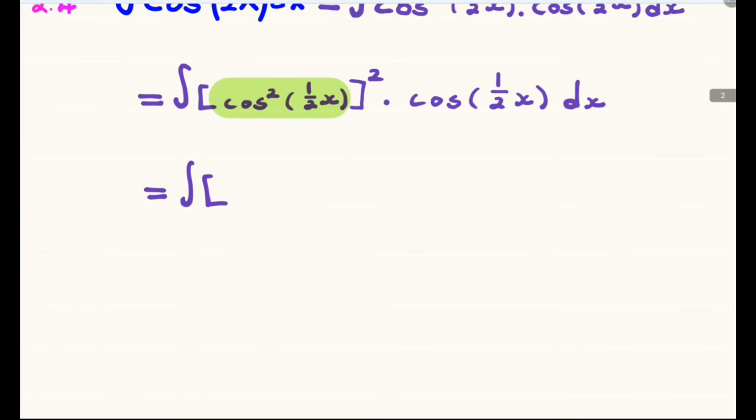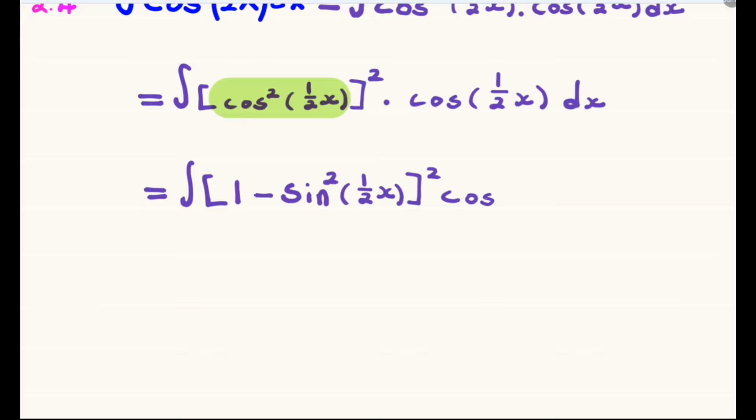So in the place of the cos squared of half of x, we have 1 minus sine squared of half x, and this will be raised to the power 2.